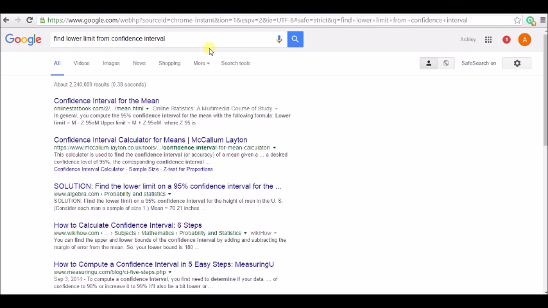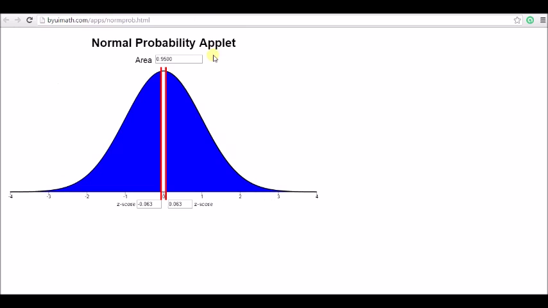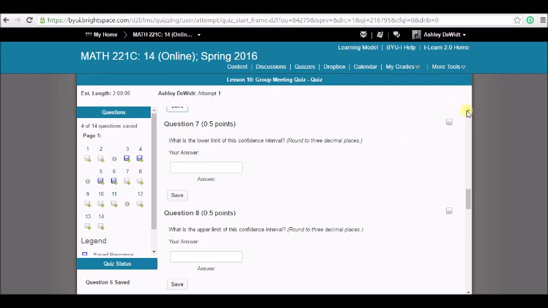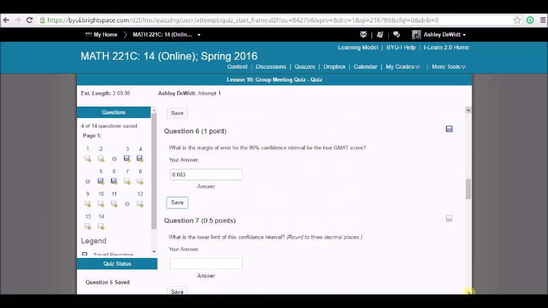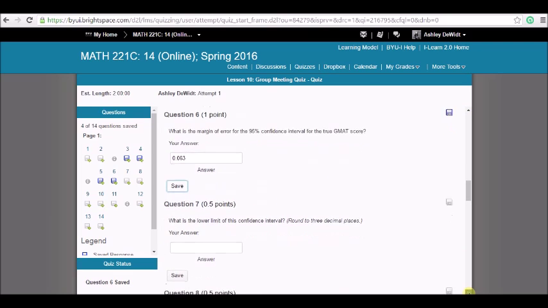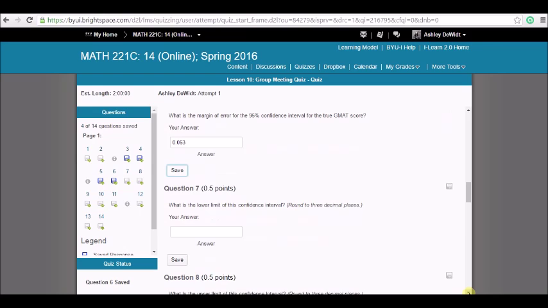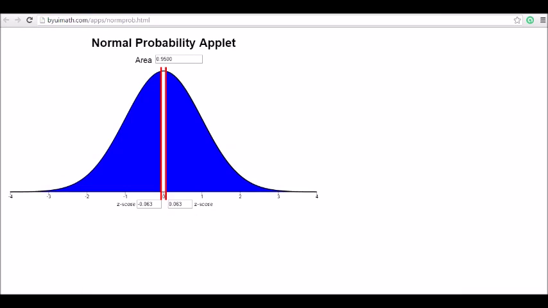So I'm getting 1.645. Wait, what? I have 1.645. For number 6 or number 7? 6. Are we on 6? I thought that for number 6 it was just the z-score down there as the answer. Okay.